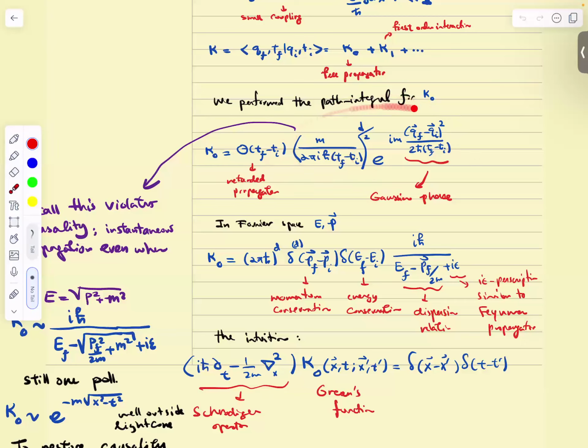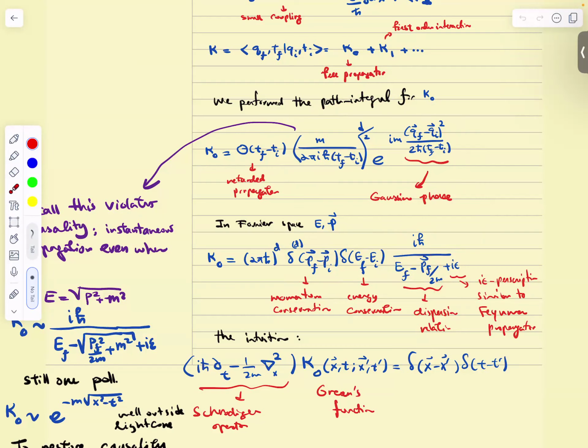What we did was that we took this expression and Fourier transformed it in space and time. What we got out of it was momentum conservation and energy conservation. These have to do with the symmetries, translation in space and time. And then you get i h bar over E_f minus p_f squared over 2m, right?